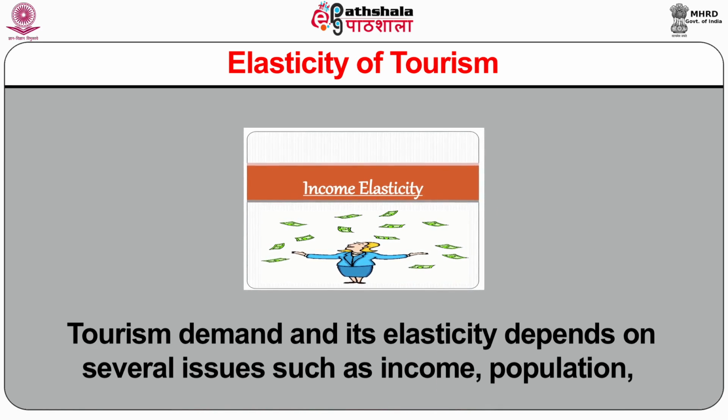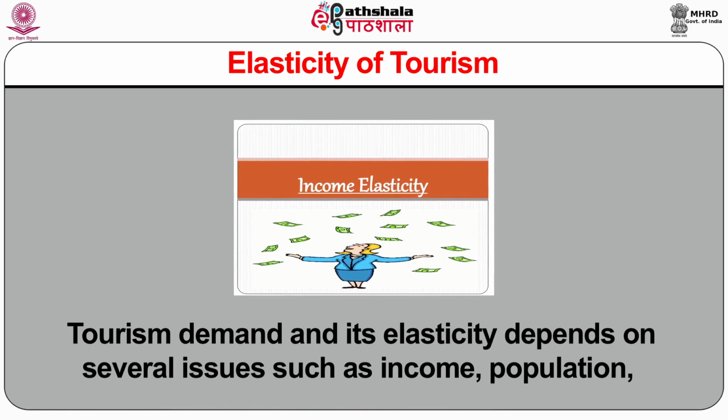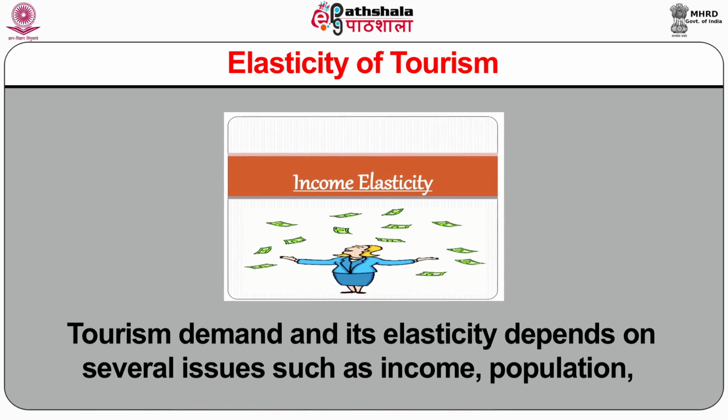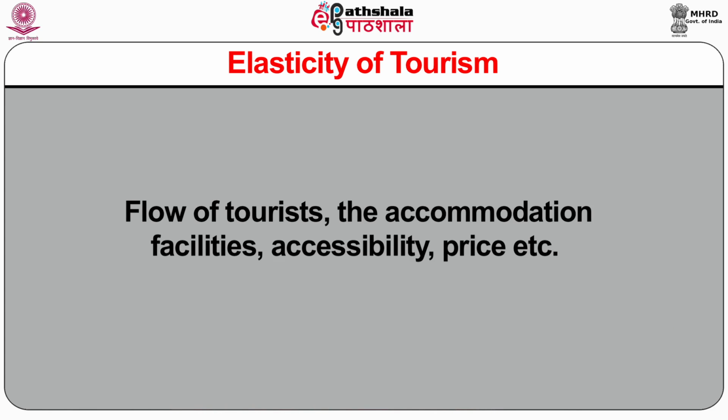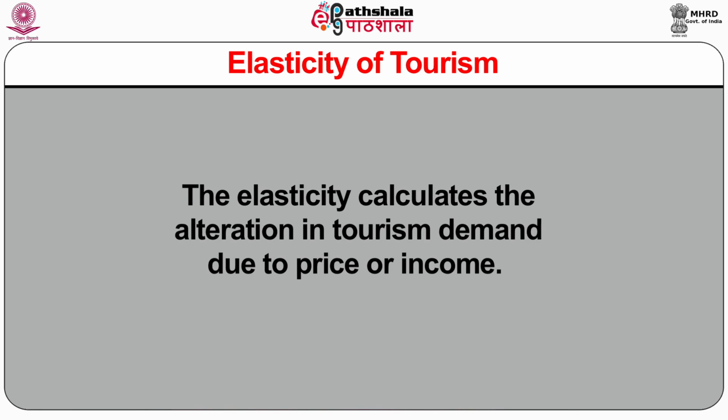Tourism demand and its elasticity depend on several issues such as income, population, flow of tourists, the accommodation facilities, accessibility, price, etc. The elasticity calculates the alteration in tourism demand due to price or income.